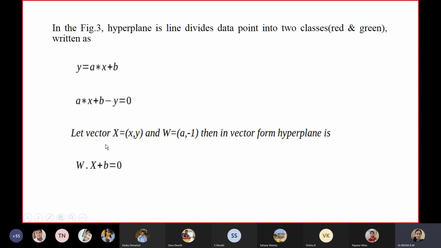Let us take the vector x is equal to (x, y), and w is equal to (a, minus 1). Then the vector form of the plane can be w into x plus b. The hyperplane can be represented as w into x plus b.